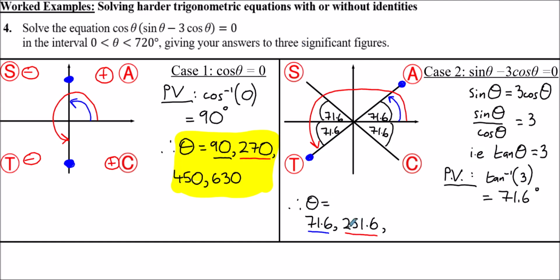So if we just keep on adding 180 until we get to the limits of the range, this one plus 180 is going to be 431.6. And add another 180 gives us 611.6. If we added another 180, we'd be beyond 720, and so this actually is all of them.